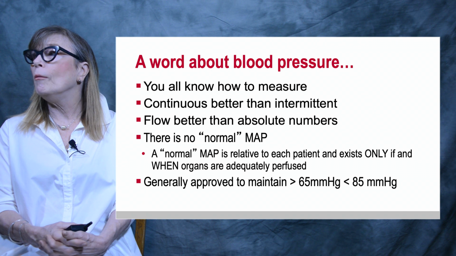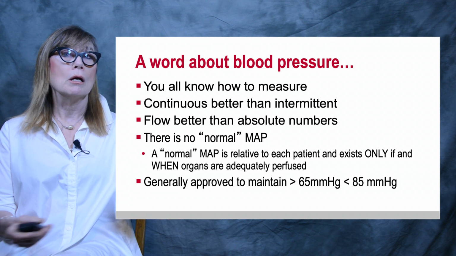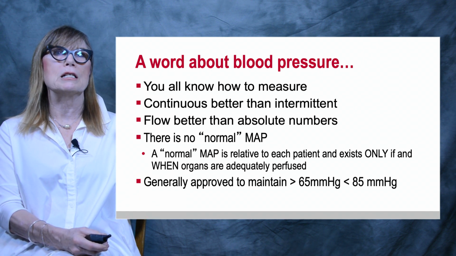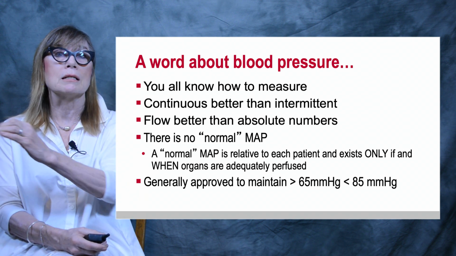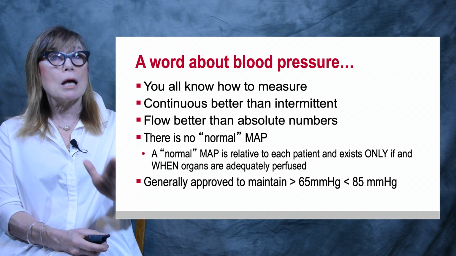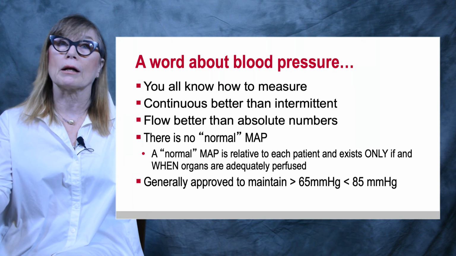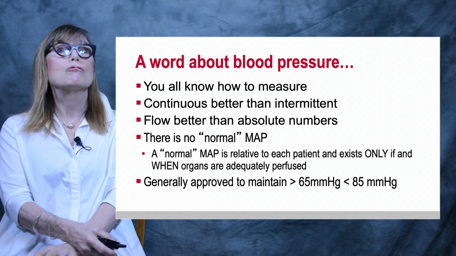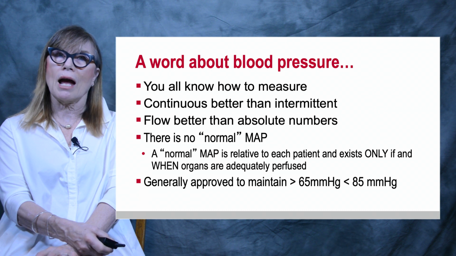The normal mean arterial pressure is relative to each patient because it's the arterial pressure required to keep the arteries perfused and the small microvessels at the organs perfused. But typically, our orders are written not to evaluate all the organs' perfusion, but generally to drive the mean arterial pressure between 65 and 85.